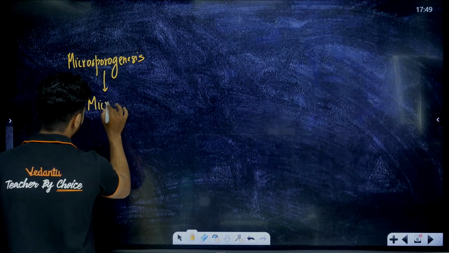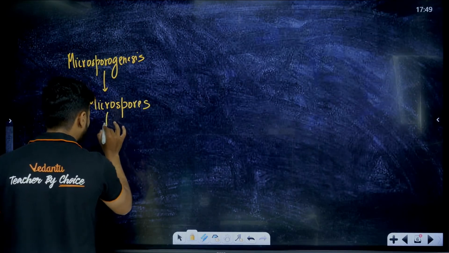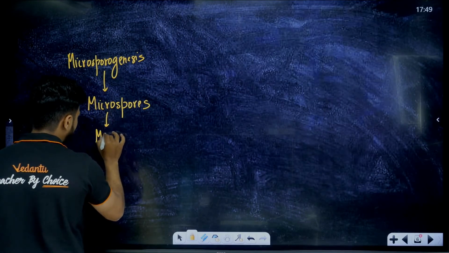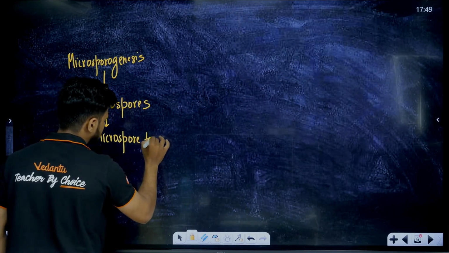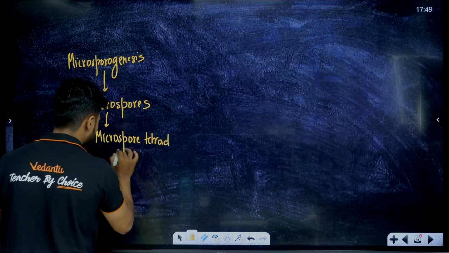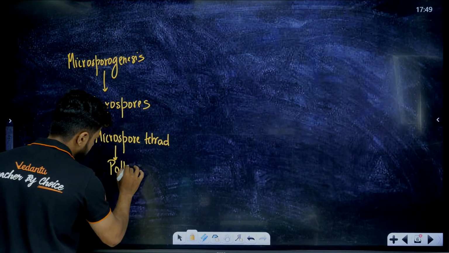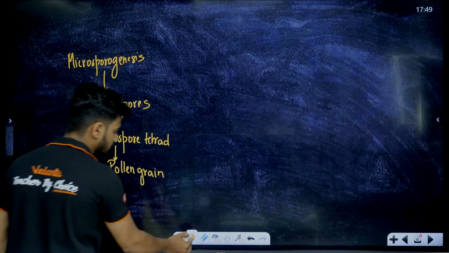Now, these microspores later form the microspore tetrad, which eventually becomes your pollen grains.